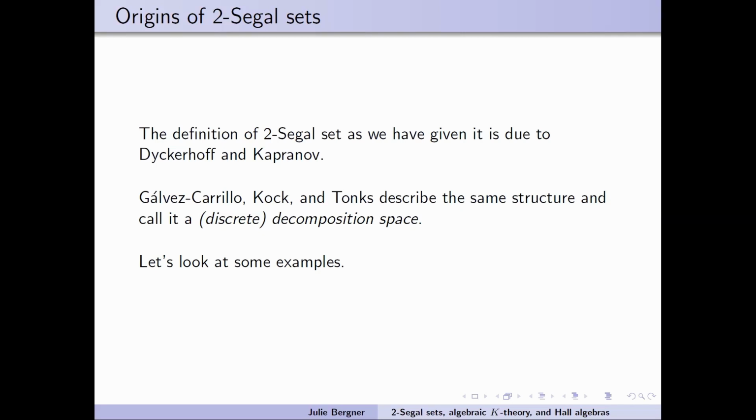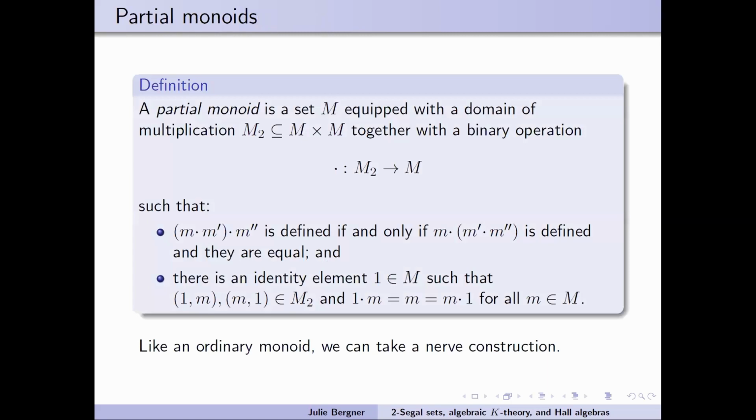Okay, but we're overdue for some actual examples. So we talked about nerves of monoids. We can talk about partial monoids. These are things people have done; Segal talked about these in work on configuration spaces. So a partial monoid we can think of as a set M equipped with a partial multiplication.